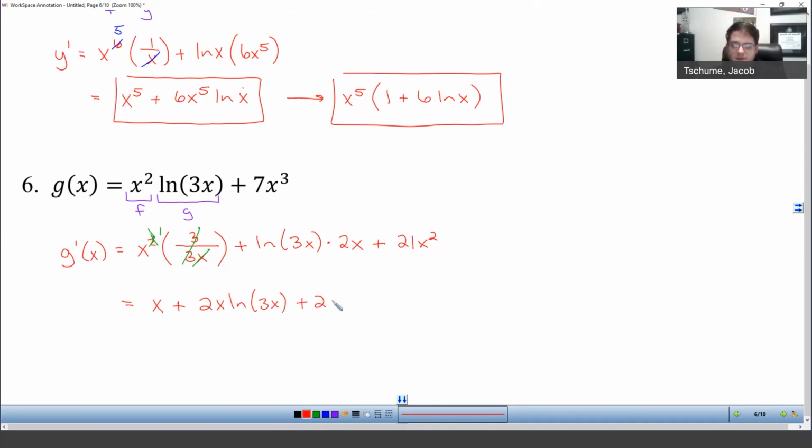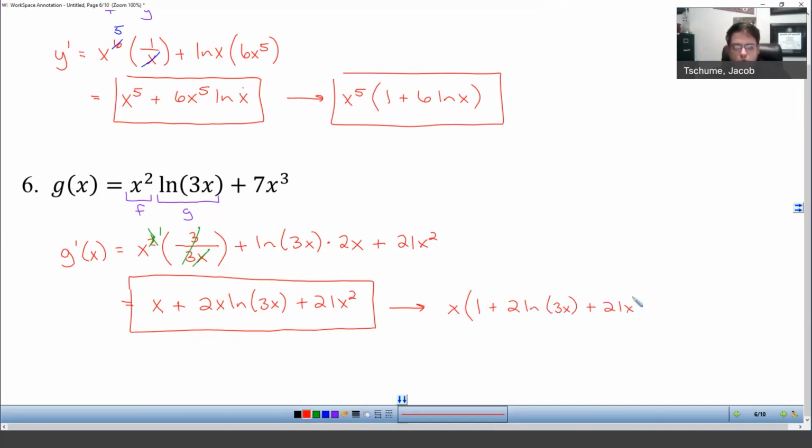And then I'll bring down the 21x squared. And just like the one above, I'm actually okay if you get to this point right here. That's probably the form they want it in. But just in case, if you technically look at it, they all share an x in common. So we could factor an x out here and make it 1 plus 2 times the natural log of 3x plus 21x. I don't think they'll do it in that simplistic way, but just in case, I want you to be prepared.